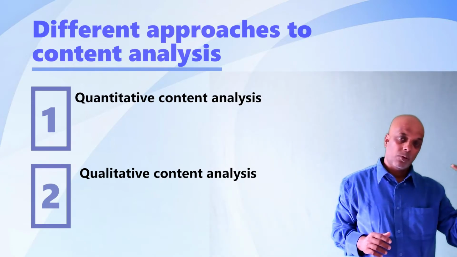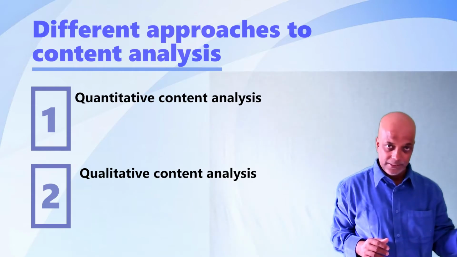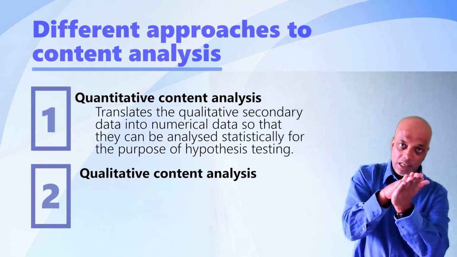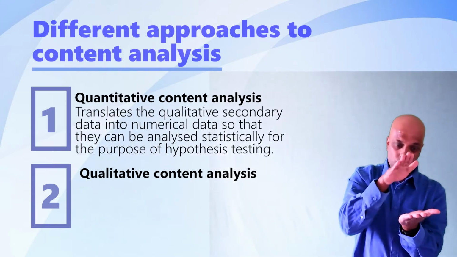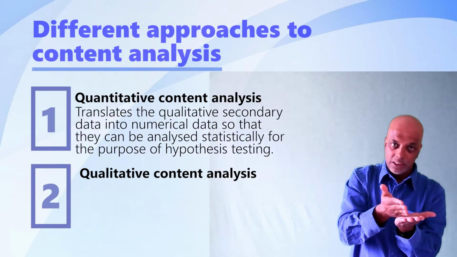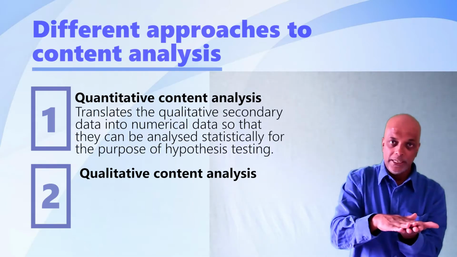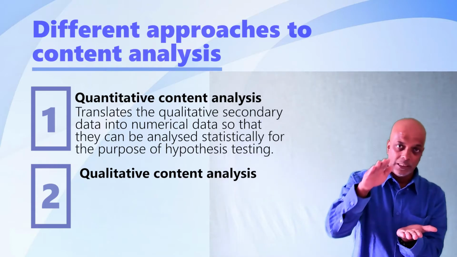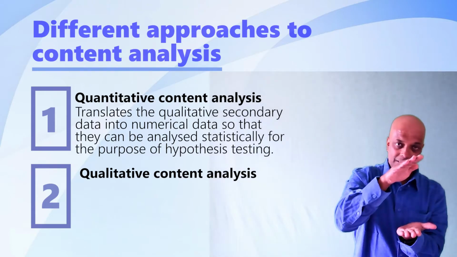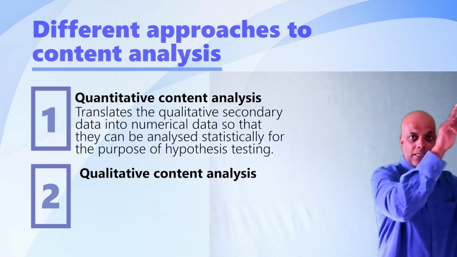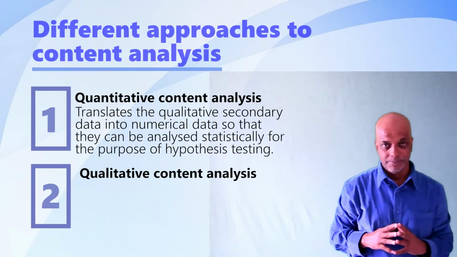Now, in the case of quantitative content analysis, what's going to happen is you are going to convert originally qualitative secondary data into numerical data in order to use statistics so that you can test hypotheses.